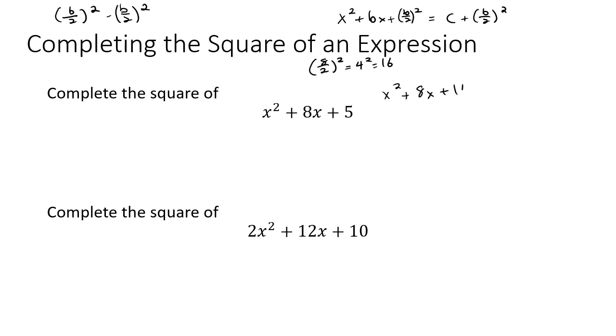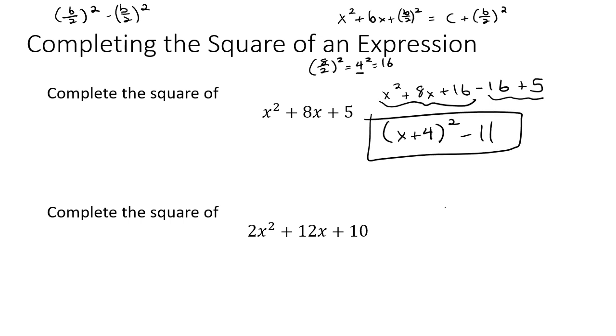So I'm going to add a 16, but then I'm also going to subtract a 16 to counteract that, and we've still got the plus 5 sticking around at the end. These three will factor perfectly, just like with our equations, into x plus b over 2, so x plus 4 quantity squared, and then we just have a constant sticking around on the outside. Negative 16 plus 5 would be a minus 11.